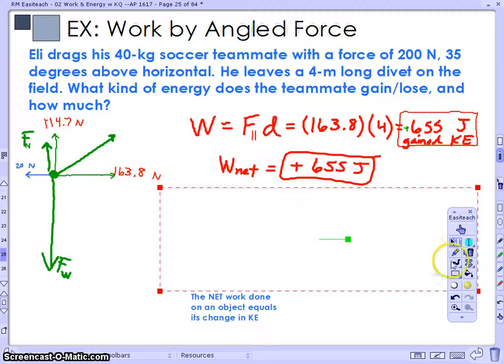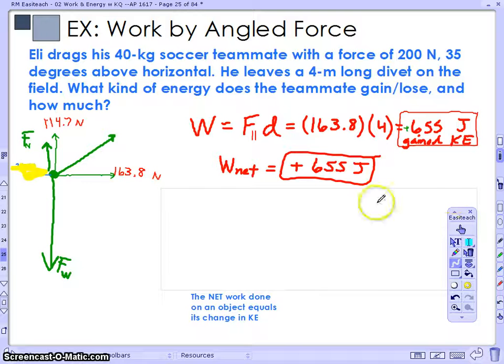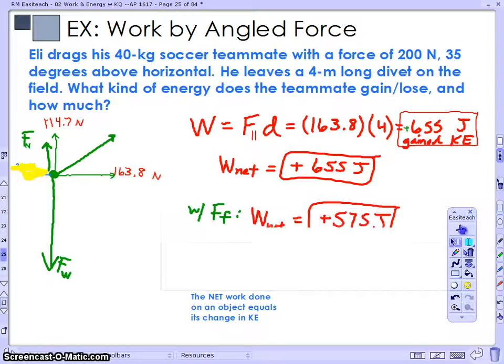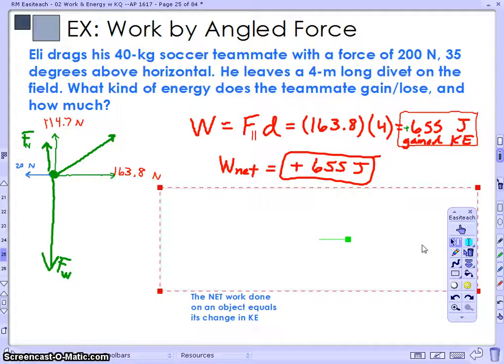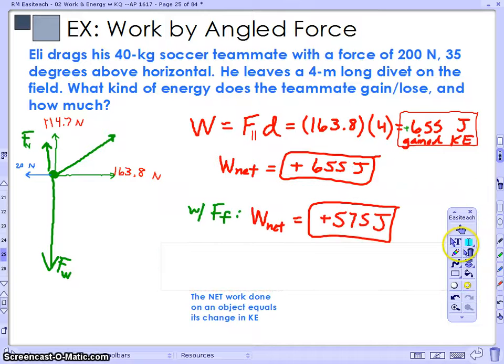Again, ignore this 20 Newton thing. This is just me saying that there might be friction involved in a discussion last year. If there were friction, and let's say it was 20 newtons, then the work done by friction would be 20 newtons times 4 meters, because he dragged him 4 meters.